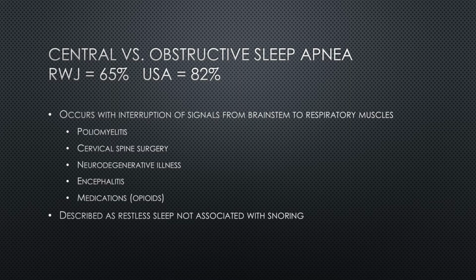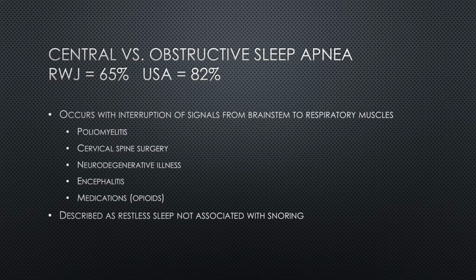Central sleep apnea refers to the central drive to breathe, and this occurs with interruption of signals from the brainstem to the respiratory muscles. A great deal of things can cause central sleep apnea, but it's also a little bit more challenging to treat than obstructive sleep apnea.